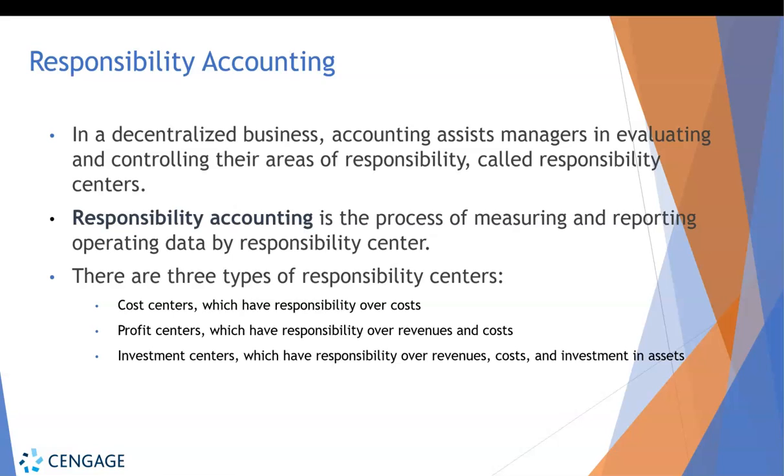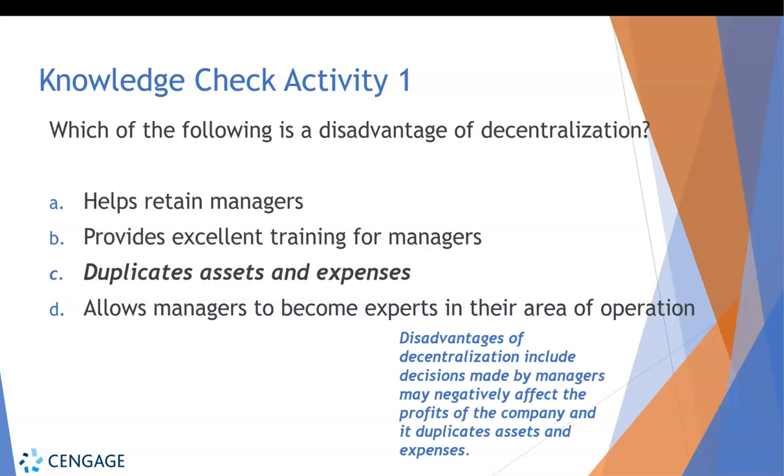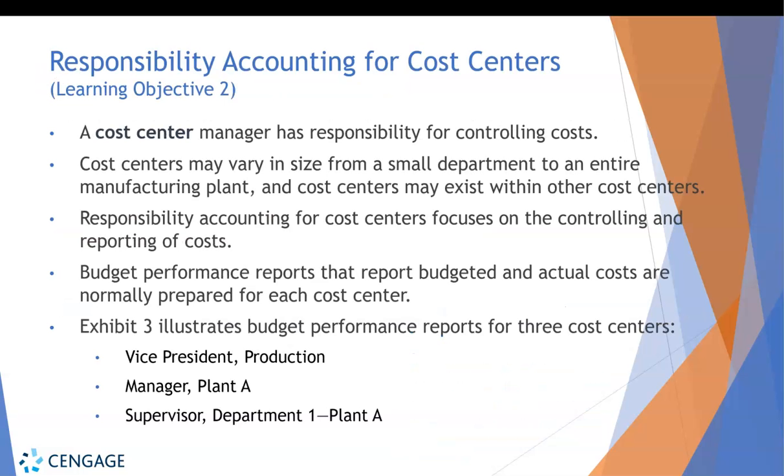So cost centers are those that are helping to sustain those profit centers. The profit centers, of course, have the responsibility over revenues and cost, and then those investment centers have not only responsibility over revenues and cost, but also investments in cash. So what's a disadvantage? Well, it can at times duplicate the various assets and expenses of a company.